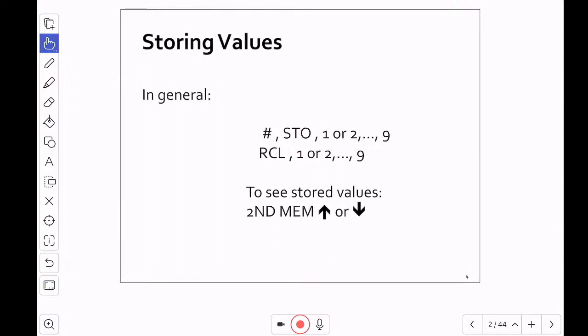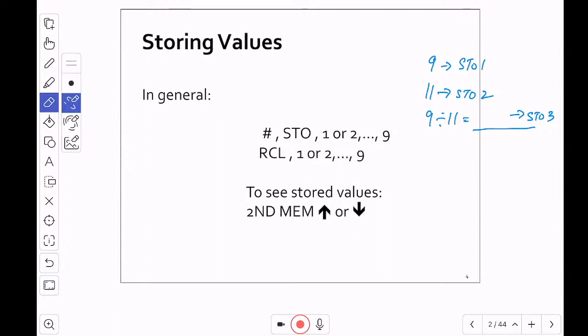So let me see. What if I want to store the following values. I want to store the value 9 in memory 1. I want to store the number 11 in memory 2. And then what I want to do is take 9 divided by 11 equals, and that result I want to store in memory 3.